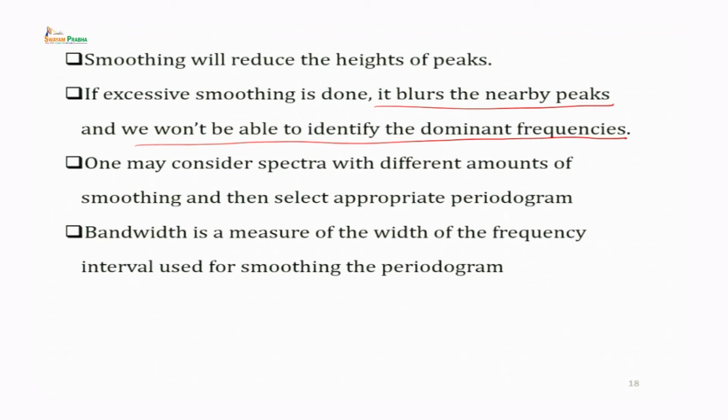Then bandwidth is a measure of the width of the frequency interval used for smoothing the periodogram. So, in fact, if you are using any software for obtaining the periodogram, then you also get the information about what bandwidth the software is using for doing the smoothing, and then you can select different bandwidths and plot the periodogram, and once you plot the periodogram for different bandwidths, then you can choose the periodogram which is most appropriate.